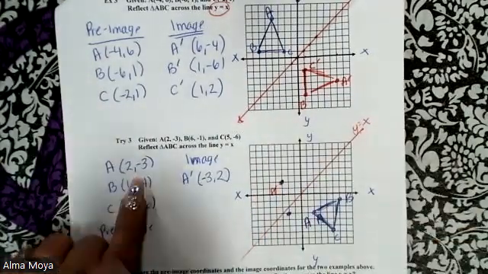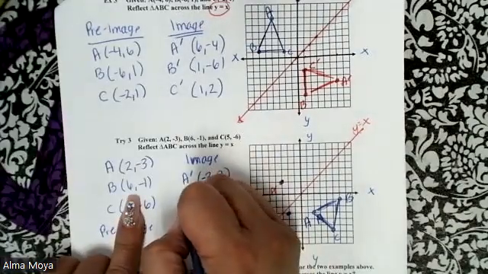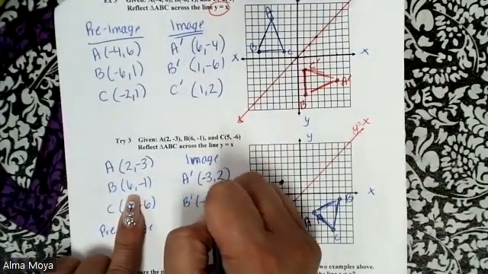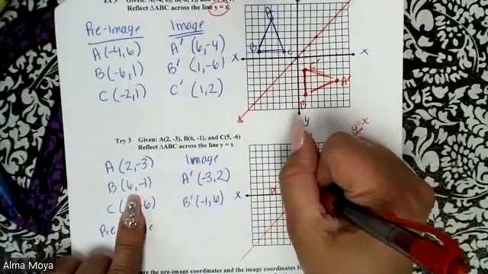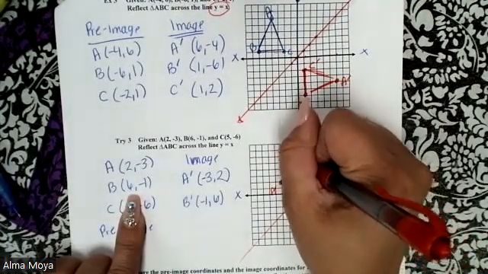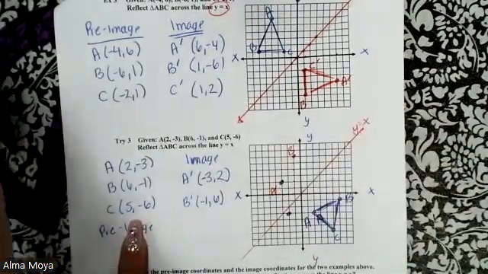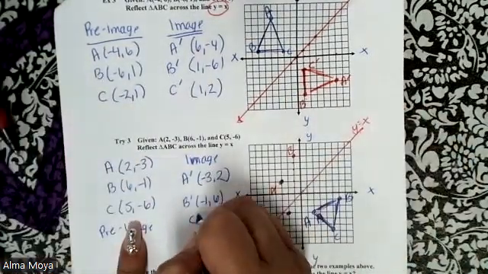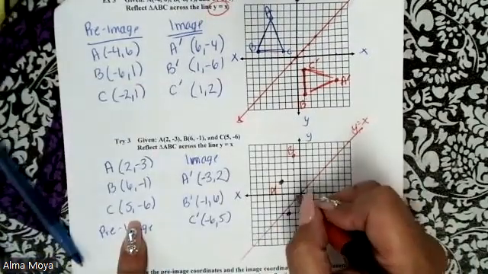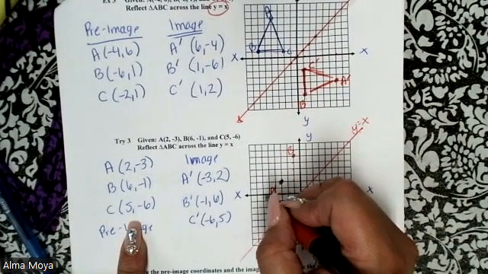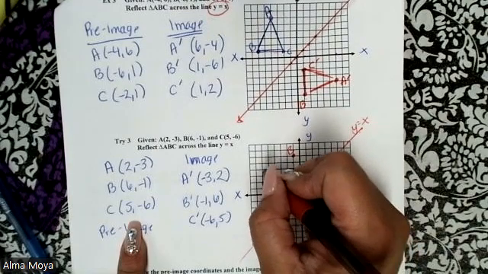That's my new A. My new B, I'm going to switch it. It goes -1 and then +6. And then my C is going to be a -6, +5.